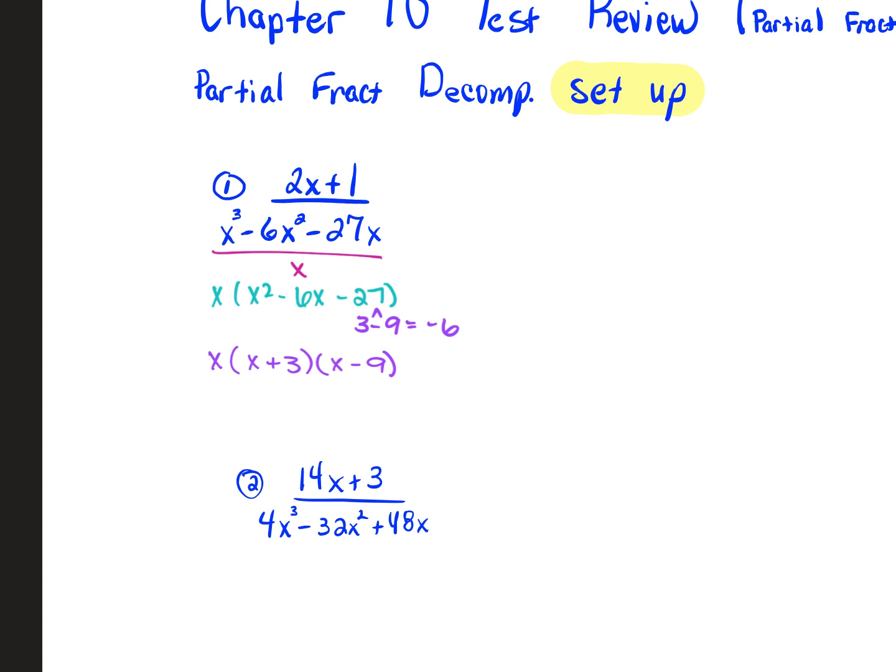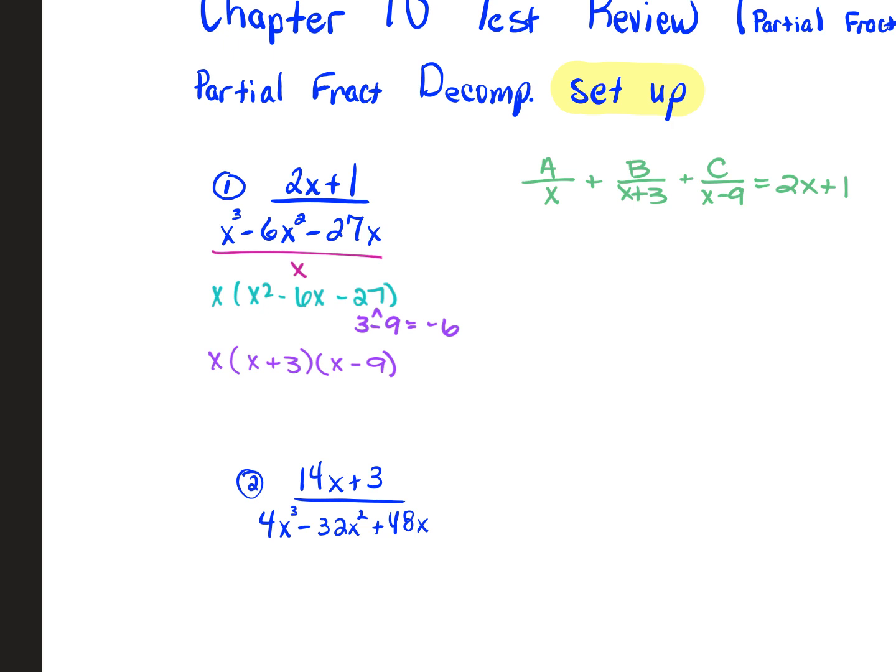We are going to use this and put it into fractions equaling our numerator. So this is going to be A over x plus B over x plus 3 plus C over x minus 9 is equal to 2x plus 1. You are not giving this as your answer. You are getting rid of your fractions.